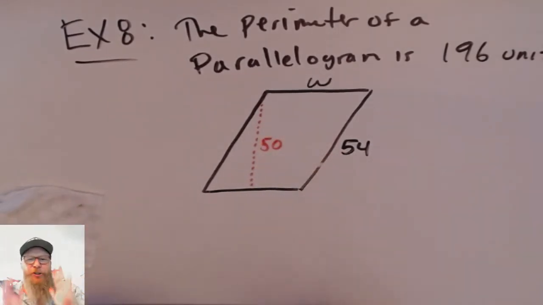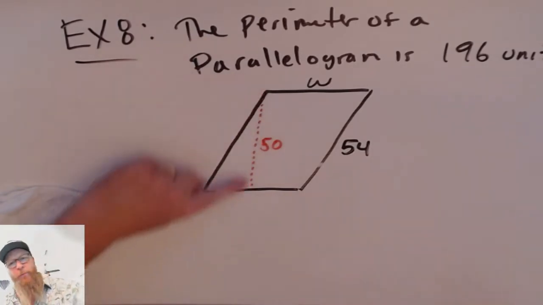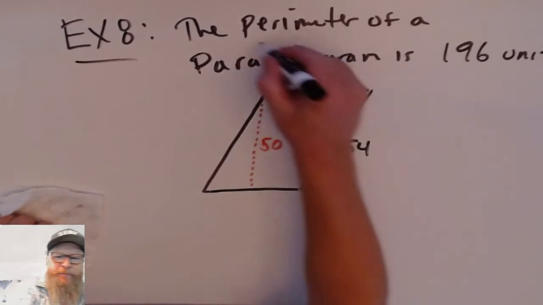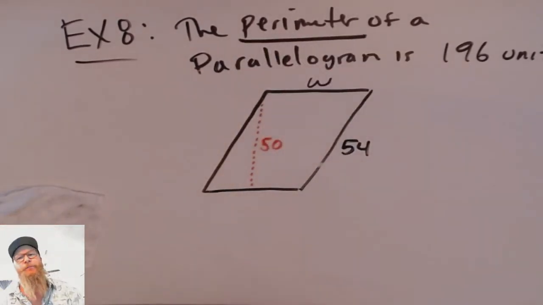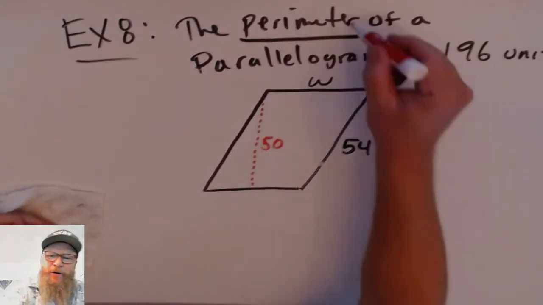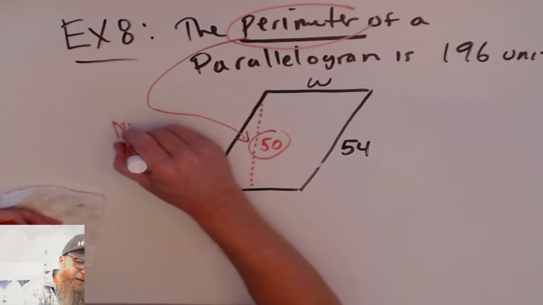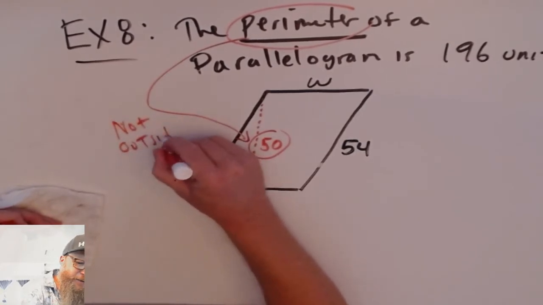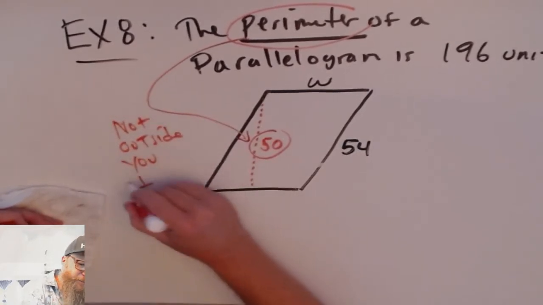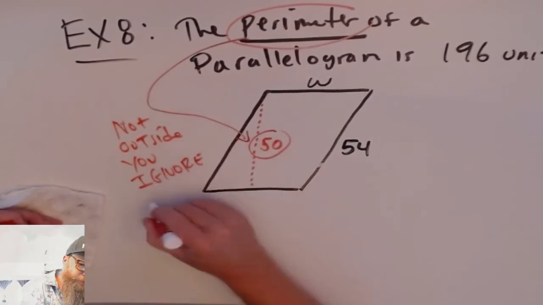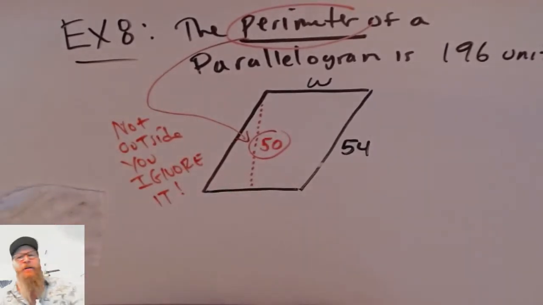I intentionally do this with parallelograms. I sometimes will do it with triangles too, where I'll put an internal height, but I'm telling you about the perimeter. So since this is not outside, you can ignore it. Very important.